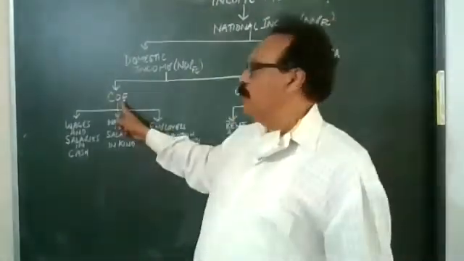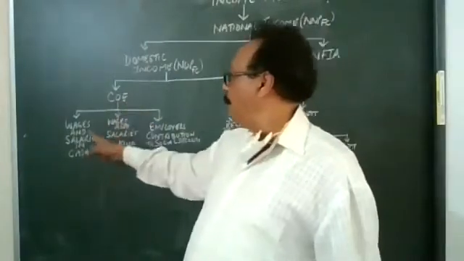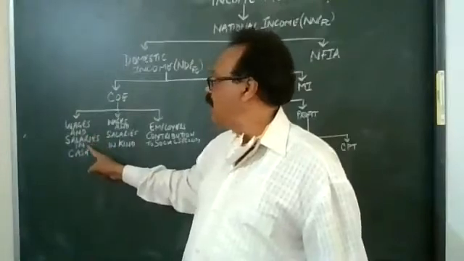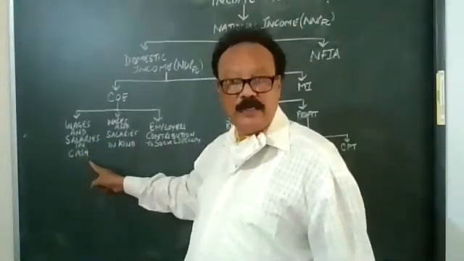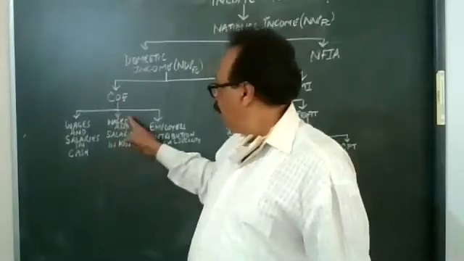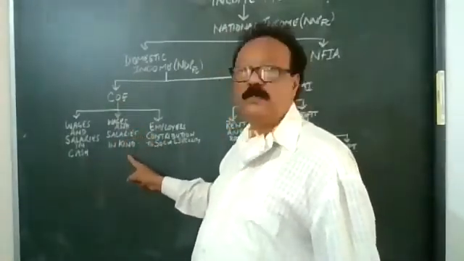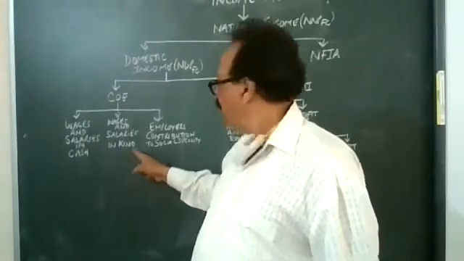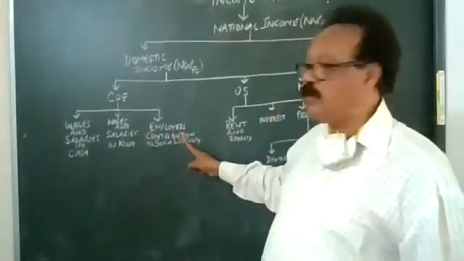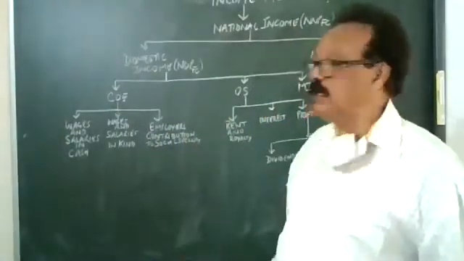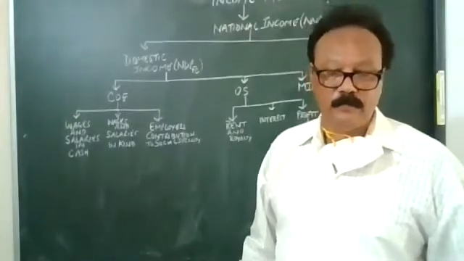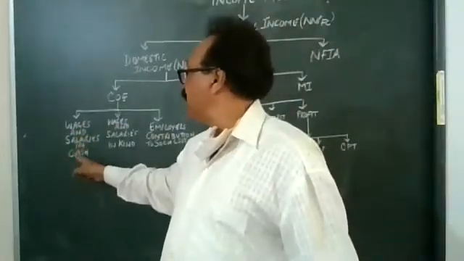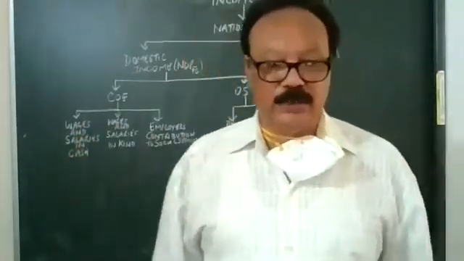So you see, compensation of employees consists of wages and salaries paid in cash, wages and salaries paid in kind, and employers' contribution to social security. Let's talk about the first, wages and salaries in cash.